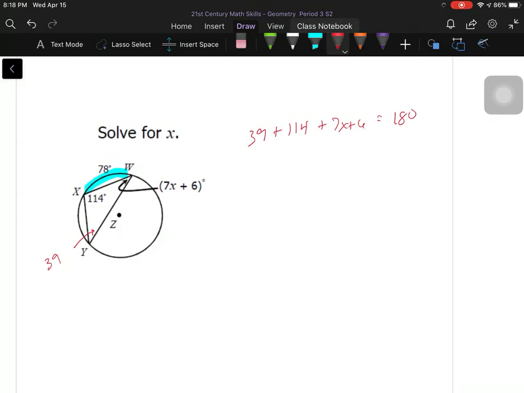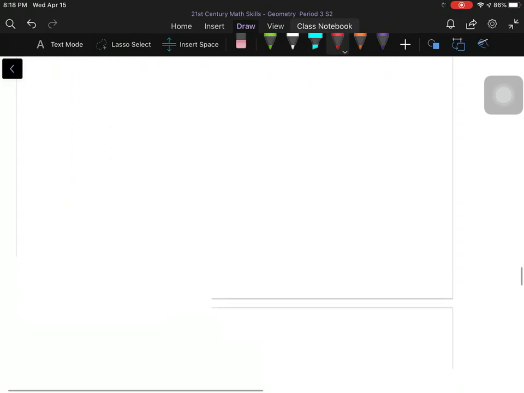So if I do 180 minus 39 minus 114, I know the angle that I'm looking for, 7x plus 6, has to measure 27. So minus 6, divide by 7, and x equals 3.